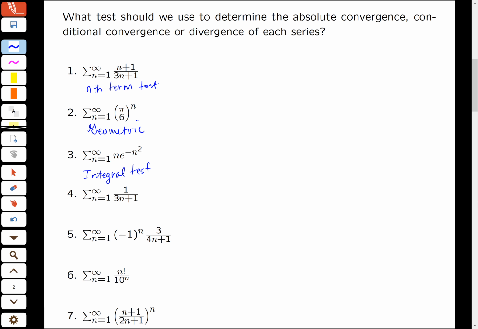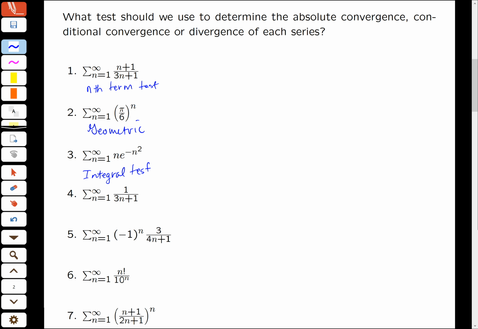How about number 4? No, it's not the multiple of 2 things in the denominator. I can't factor it, so it's not telescoping. It is 1 fraction.